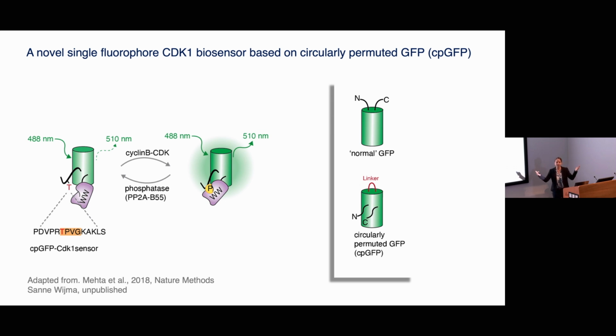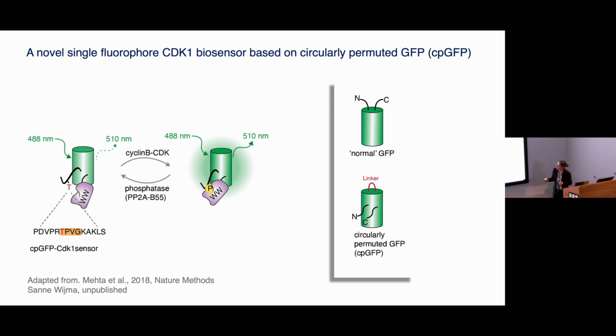This is a barrel, and it has an N and a C terminus, which are generally rather far away. However, in circularly permuted GFP, the beta strands have been swapped in a way that now the N and the C terminus are much closer together. And more importantly, the movement or conformational changes in the N and C terminus now have a direct impact on the emission intensity of the fluorophore.